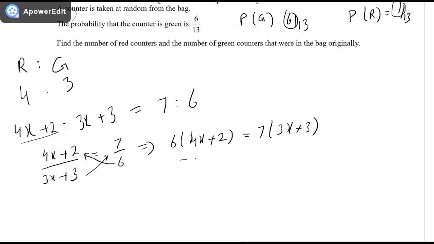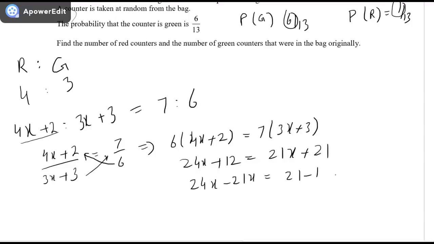So this is going to be 24x plus 12, and this is going to be 21x plus 21. I'm going to bring x on one side, so 24x minus 21x, and 21 minus 12, this is going to be 3x equals 9. So x is equal to 3.